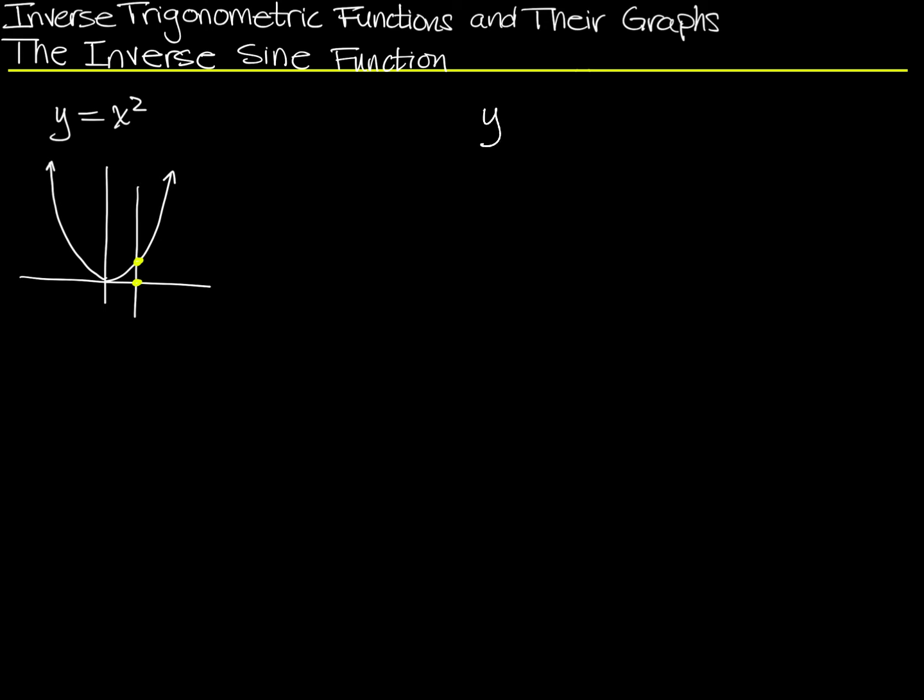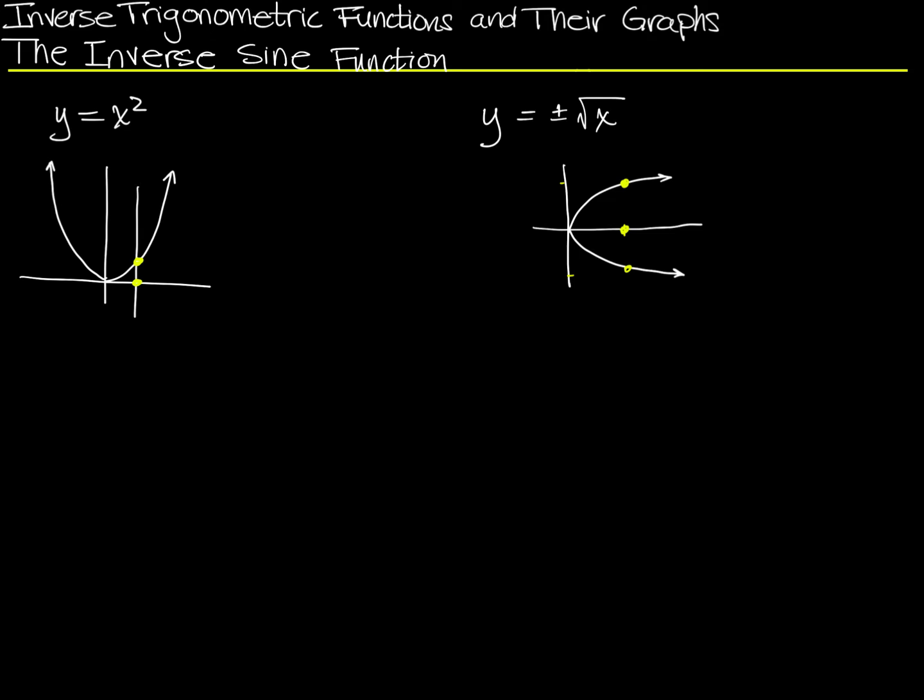Now, if I take a look at y equals plus or minus the square root of x, I get this graph, approximately. And for any given value of x, there can be more than one value of y associated with that value of x.